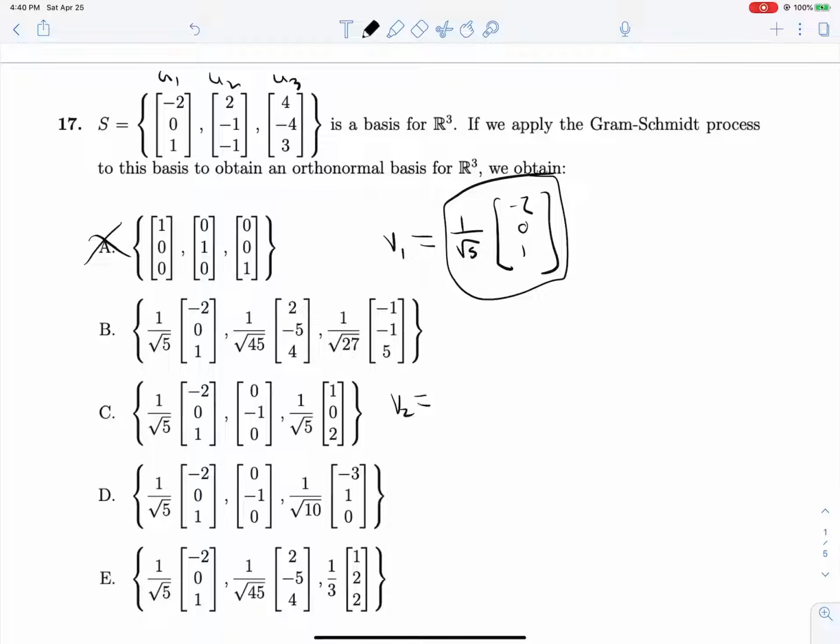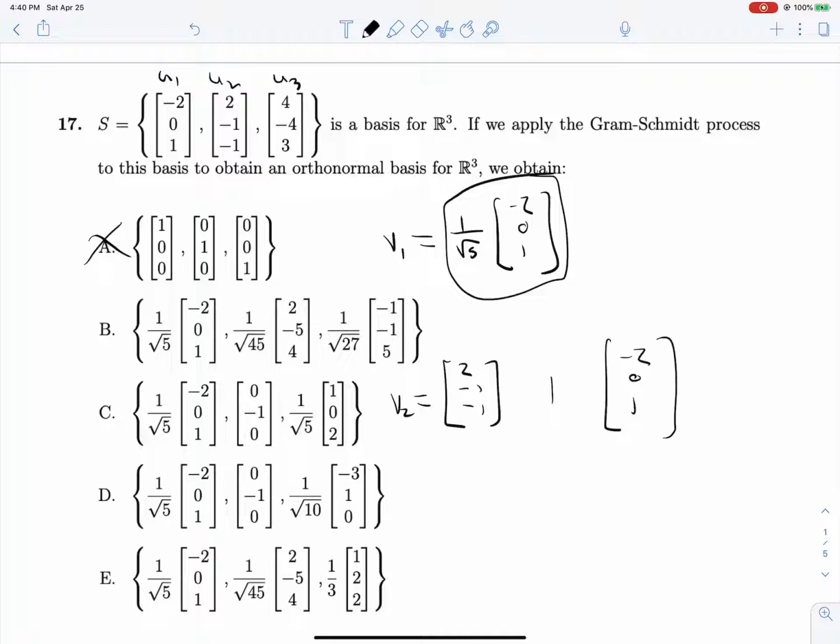Now v2 will be u2, 2, negative 1, negative 1, minus the projection of u2 onto v1. So we're taking the dot product of u2 and v1. That gives us negative 4, so minus 1 is negative 5. And we're dividing by v1 dot v1, which is 5, and then multiplying that by v1, so negative 2, 0, 1 right there.